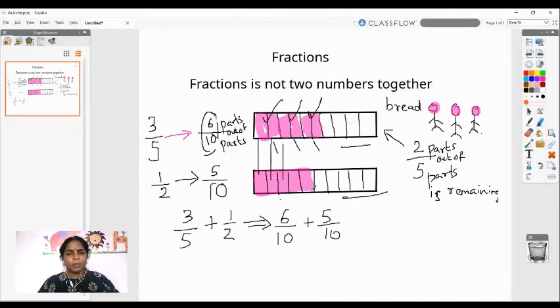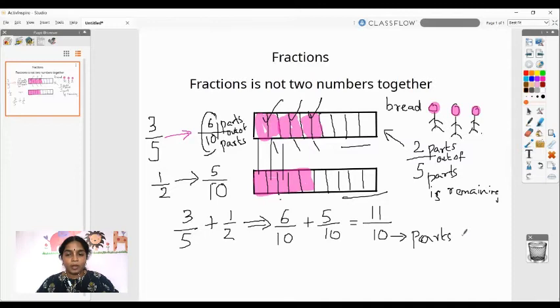So now since all the part sizes are equal, I can add the part sizes. How many parts are colored now? 5 from here and 6 from there. Totally 11 parts are colored. 11 parts are colored, and the bottom 10 always represents how many parts are there in one whole.